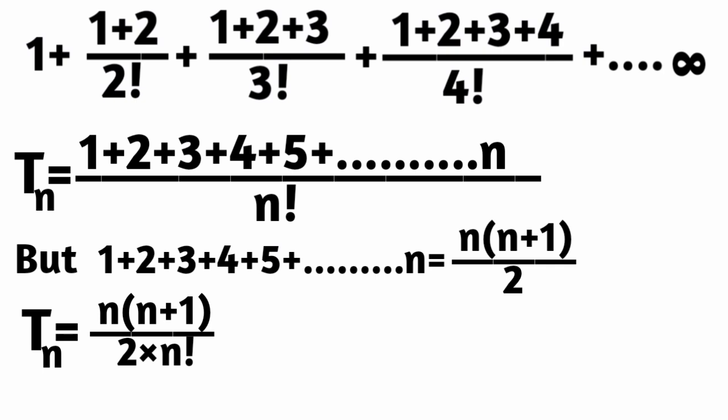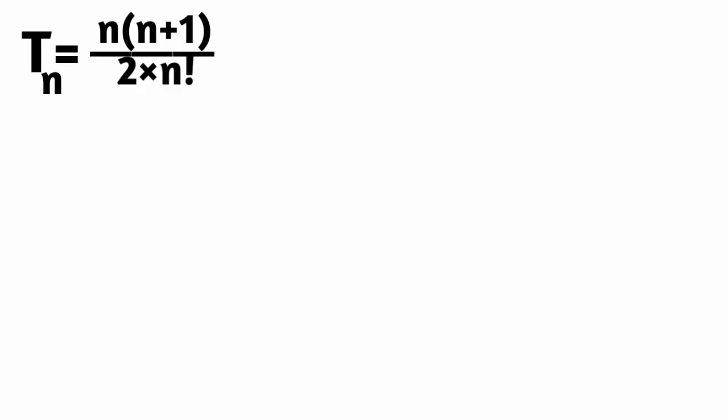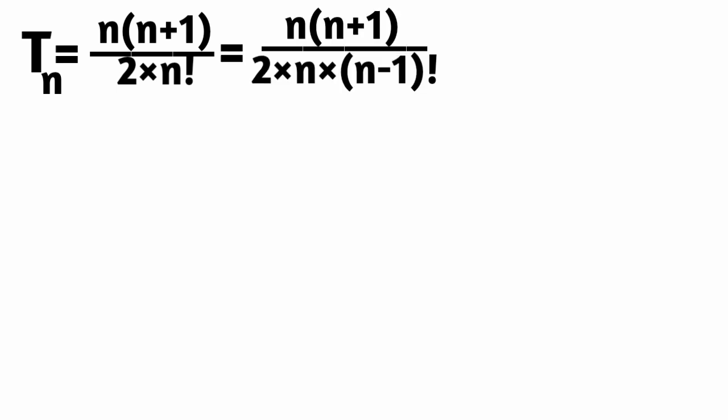This value may be infinity or a fixed value, whatever you select. Now, we can also write n into (n plus 1) divided by 2 into factorial n as n into (n plus 1) divided by 2 into n into factorial n minus 1, which we can simplify further.